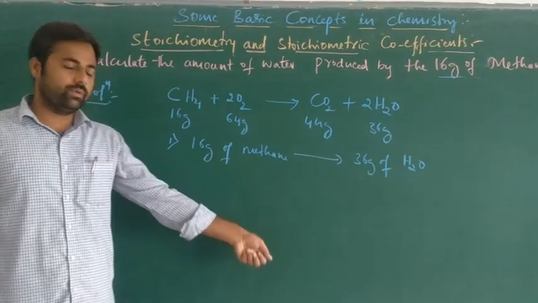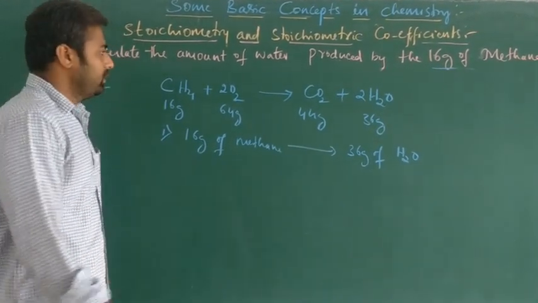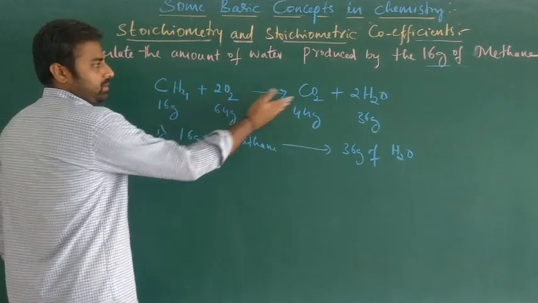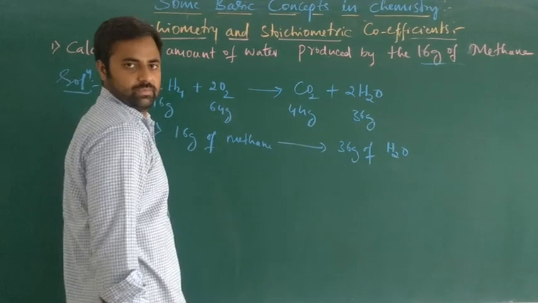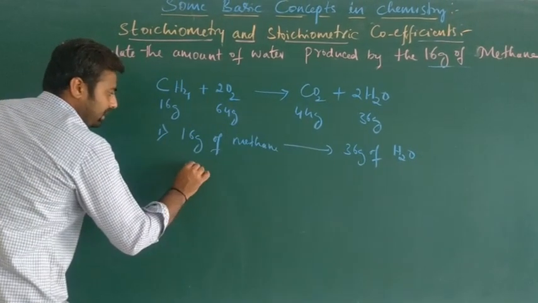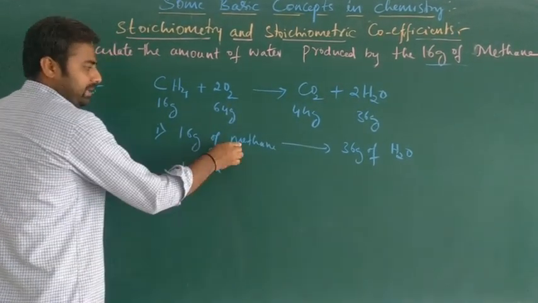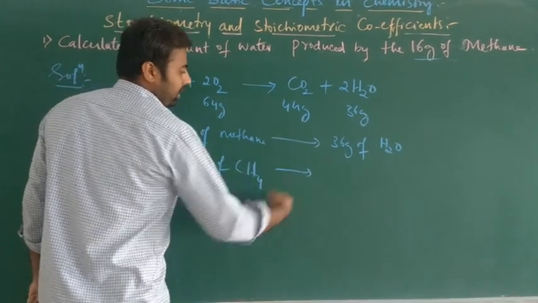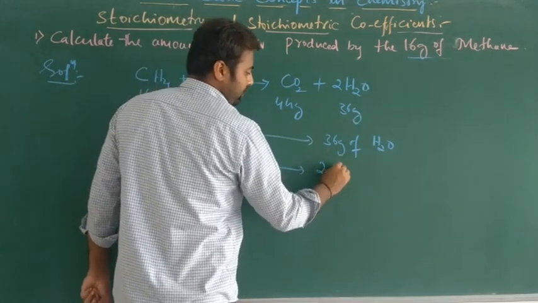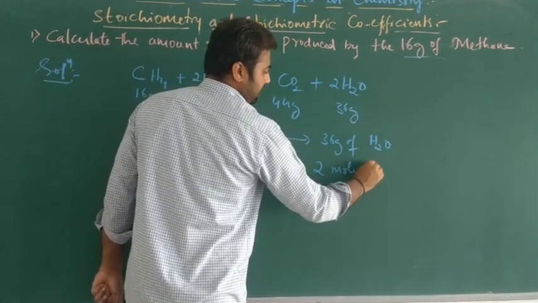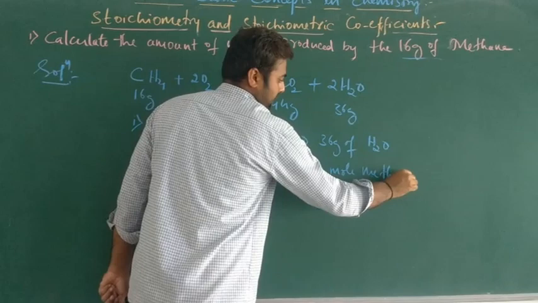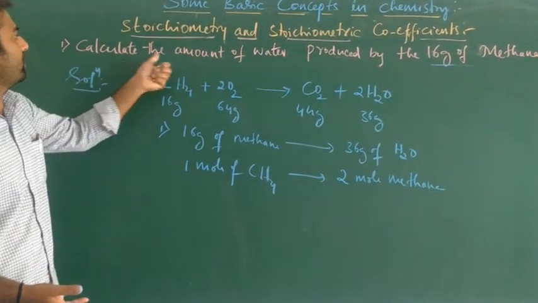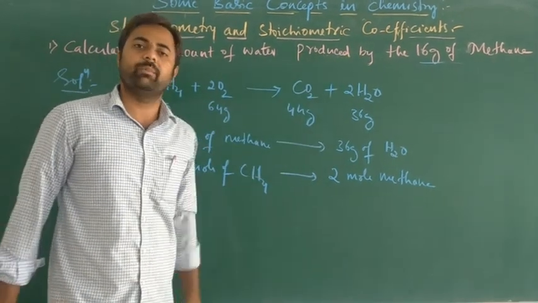You can convert it into moles also, right? 16 gram of methane undergoes combustion that produces 36 gram of water. Or you can also say that 16 gram of methane means what? 1 mole. 1 mole of methane undergoes combustion which gives 2 moles of water. Very simple. The direct question is calculate the amount of water produced by 16 gram of methane.